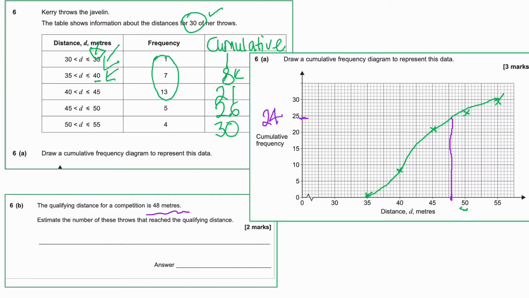And if they need to be 48 to qualify, then we've got to do 30, take away 24, because there's 24 that don't reach it, and that will give us 6 that do qualify. Obviously, it depends quite on your graph, and when an examiner marks it, they will read it accurately from your graph.